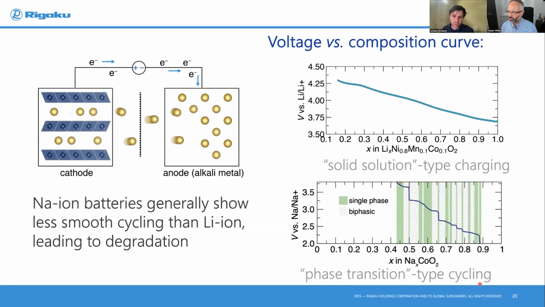If you were to just analyze the shape, you can draw single phase and biphasic regions on the basis of all the steps as well. And you can see there are a lot of phase transitions. And hopefully, since we have a lot of crystallographers and battery researchers here, the question you should be asking is, what are those phase transitions?